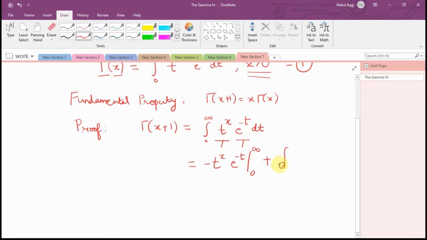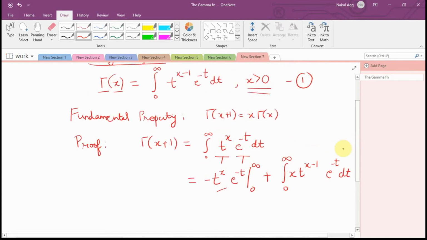Now remember, we have to differentiate t raised to power x, which is equal to x t raised to power x minus 1, times e raised to power minus t dt, and the limits are the same, 0 to infinity.